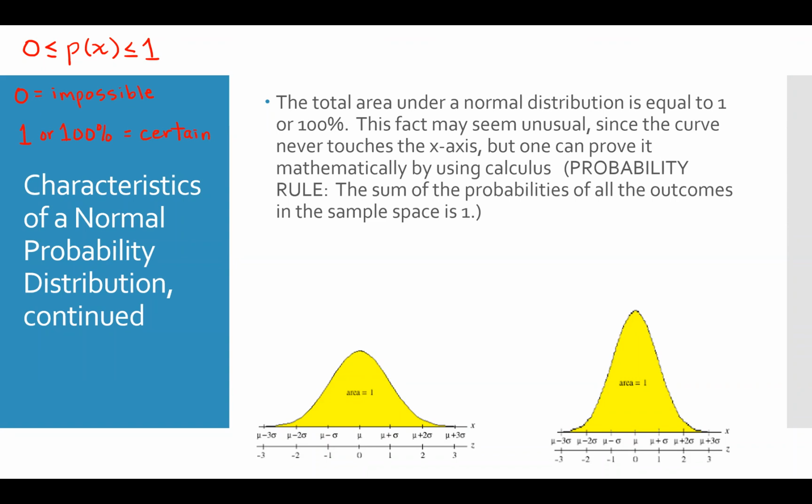And the other thing we learned that was important, that's a carryover here, is that the sum of all the probabilities, if we looked at all the things that could happen, total to 1 or 100%. Again, because that implies something is going to happen.